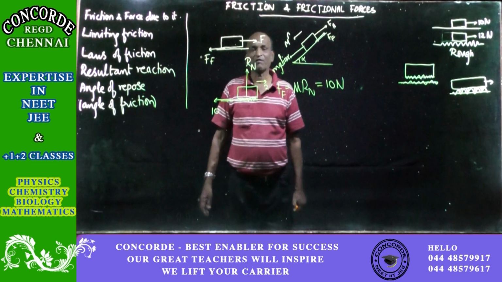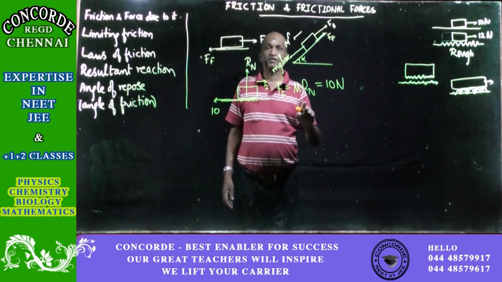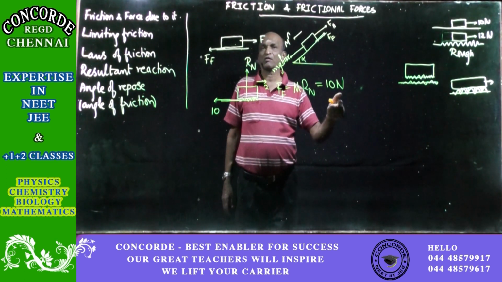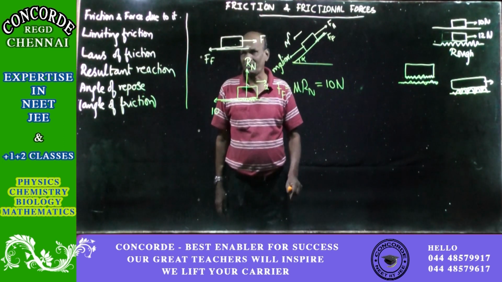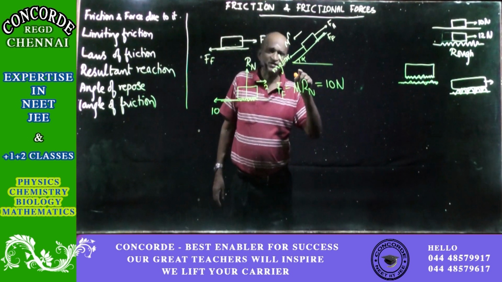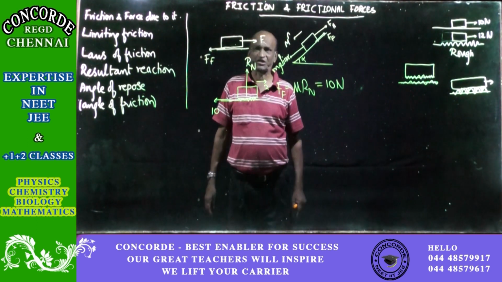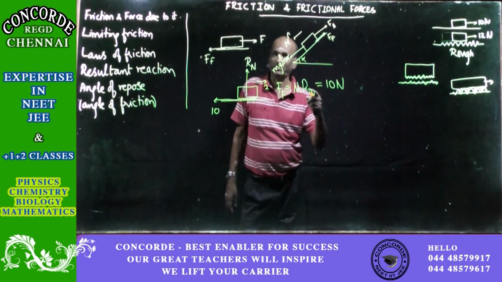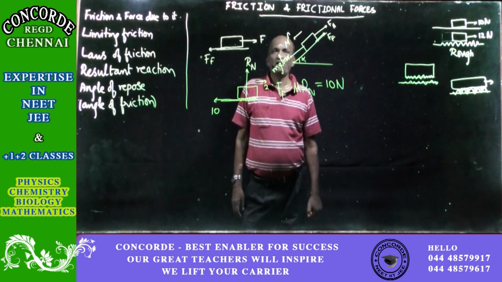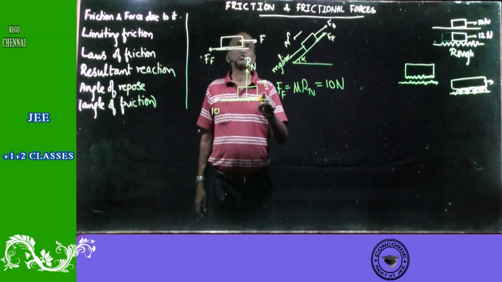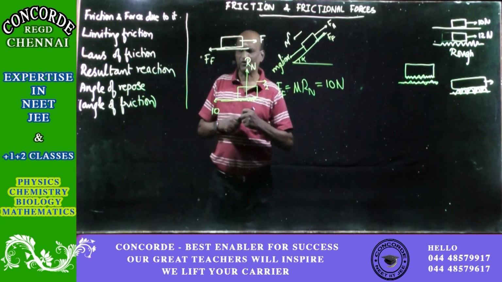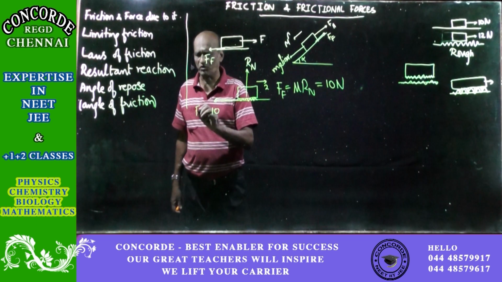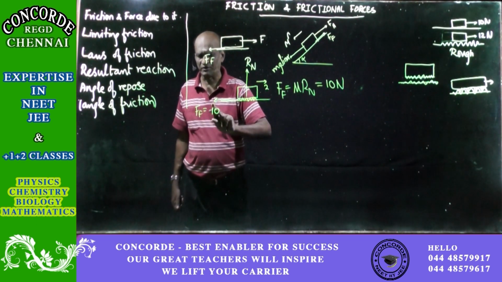So that is why this friction force is a maximum. It does not exist always for all situations of the force applied. No, not at all correct. So if 2 Newton force is what I apply, then the frictional force also will be only equal to 2 Newton.